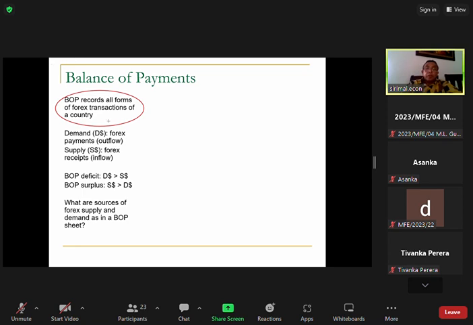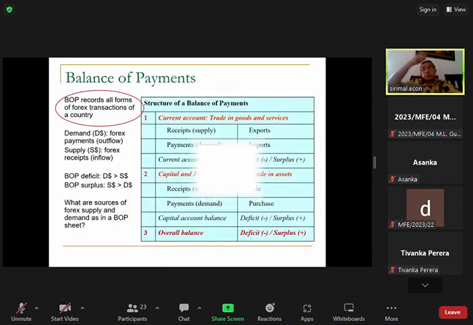Let me show you a structure of the balance of payments, the summarized version. This is the structure of the balance of payments. For detailed ones, you should refer to the central bank report.